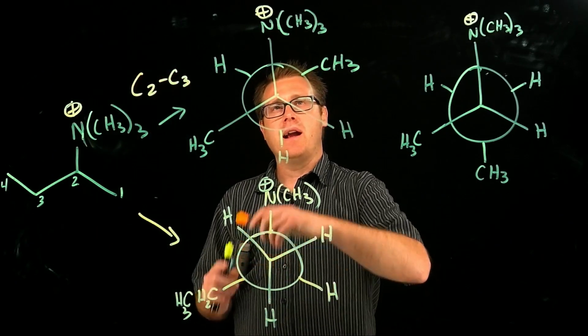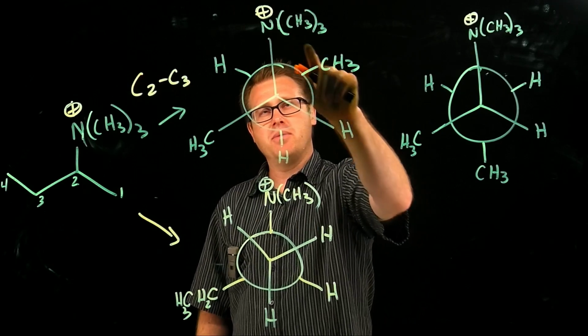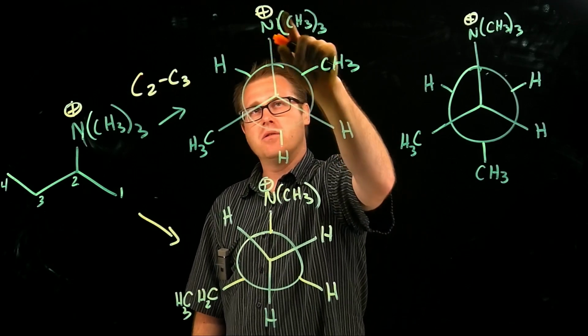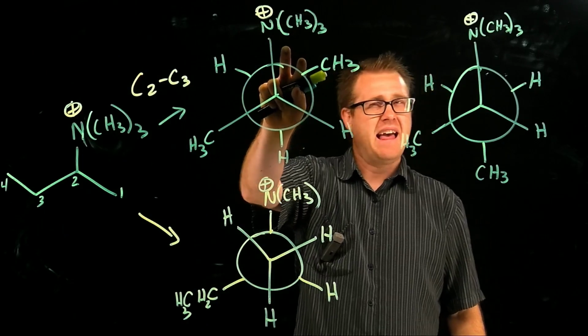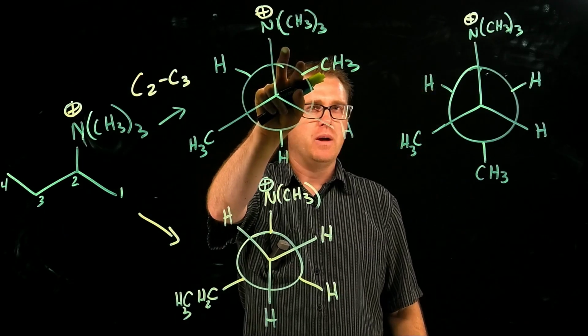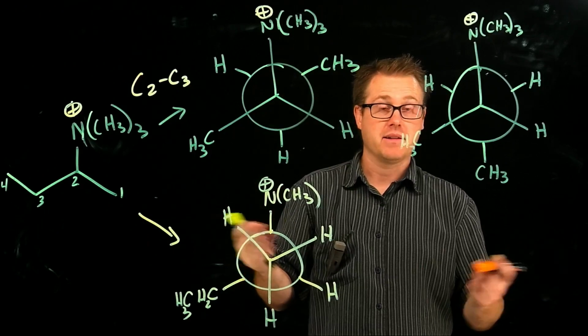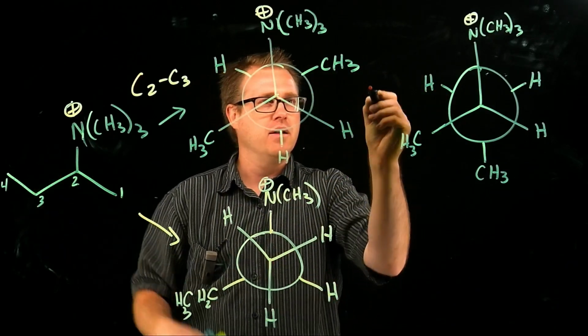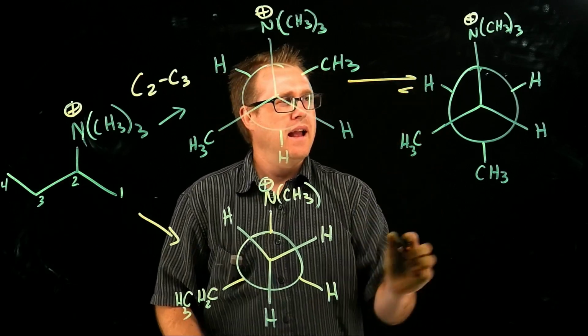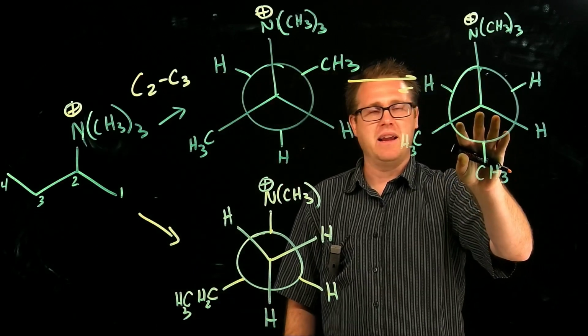And right now we have this methyl group and the big quaternary amine gauche to one another. And that's not going to be very good. Why? Because of sterics, right? So we can rotate around that bond and give us this Newman projection right here.